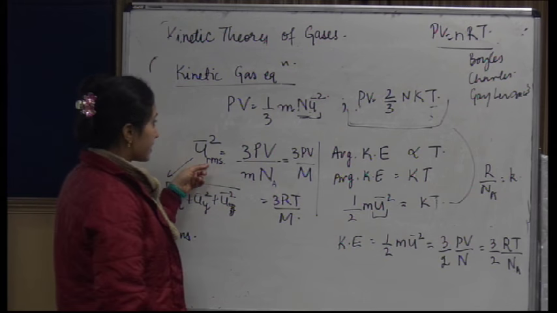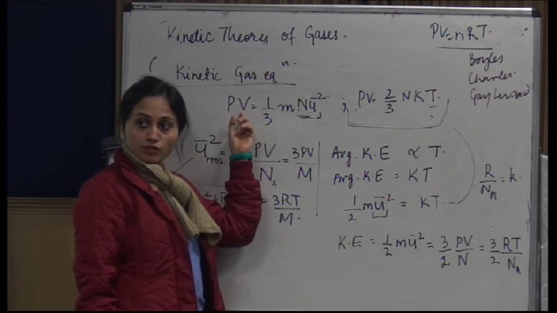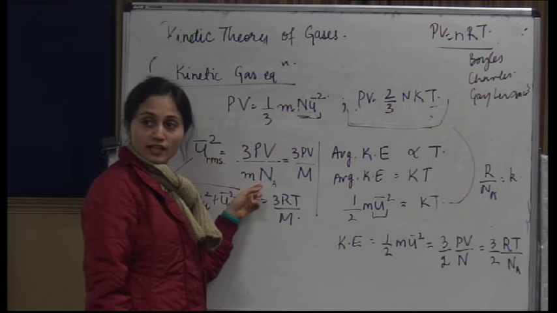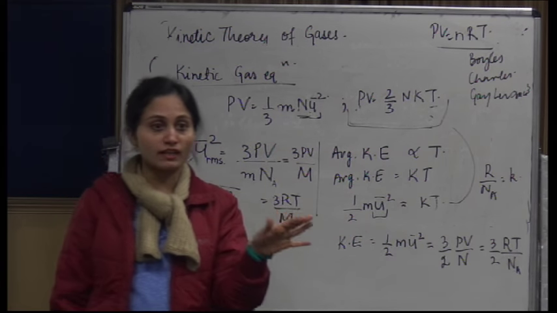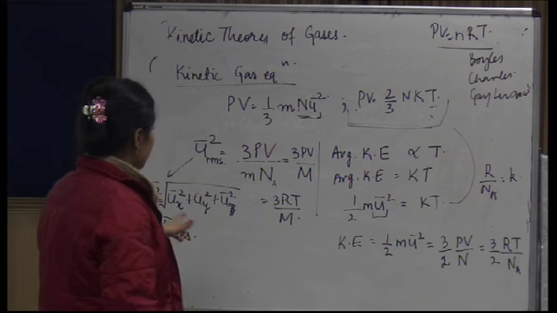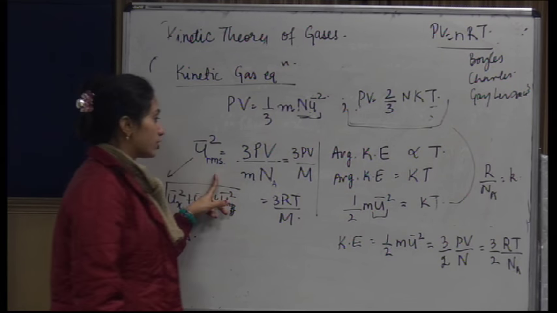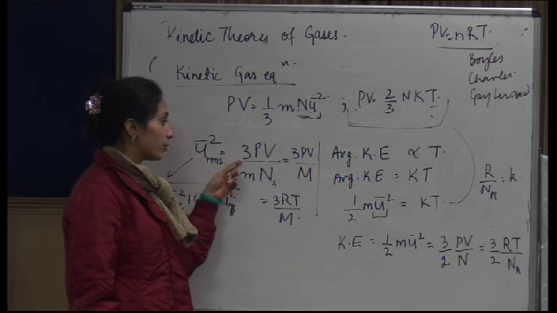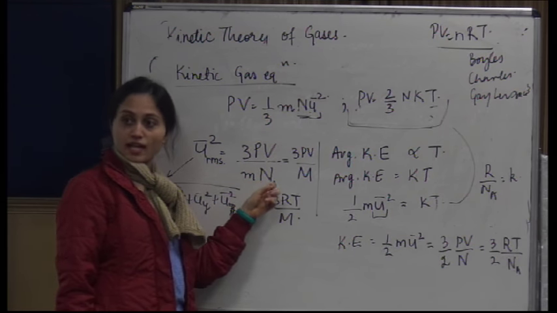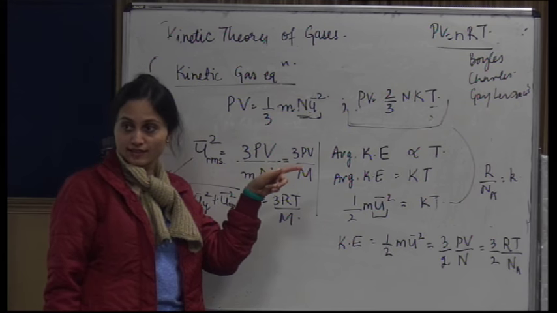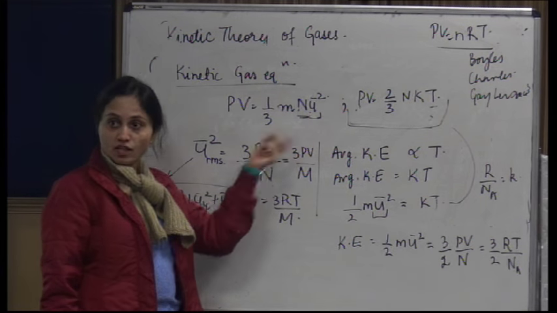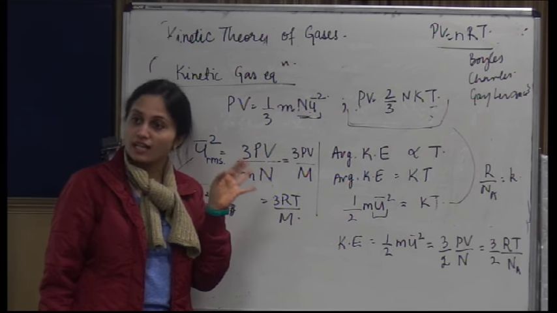And that is equal to, simply from the kinetic gas equation, 3 PV by Mn. This came from our kinetic gas equation itself, PV is equal to 1 by 3 mNu square. So URMS whole square is equal to 3 PV by mn. Now when I am using the equation of the ideal gas law, which I have already done, there I know PV is equal to nRT.